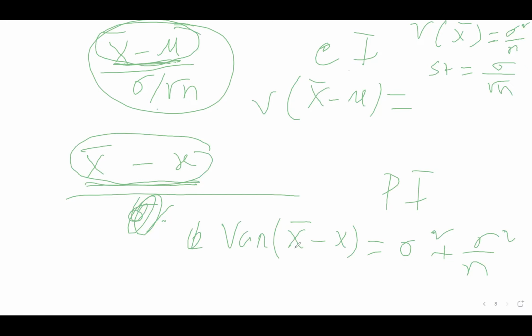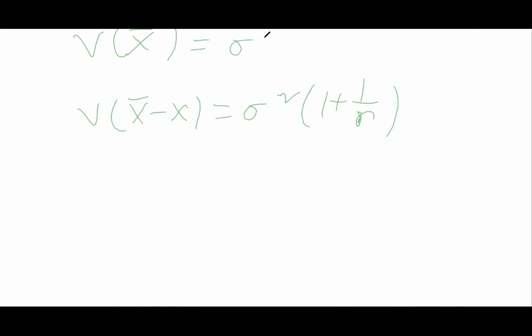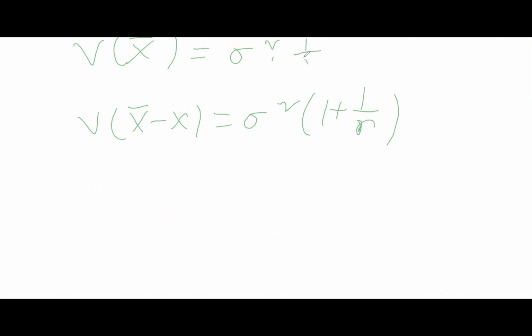Now, the variance of X bar minus X is sigma square plus sigma square over n. If we factor out sigma square, it will be sigma square times 1 plus 1 over n. And the variance of X bar is sigma square times 1 over n. Now you can see the difference.